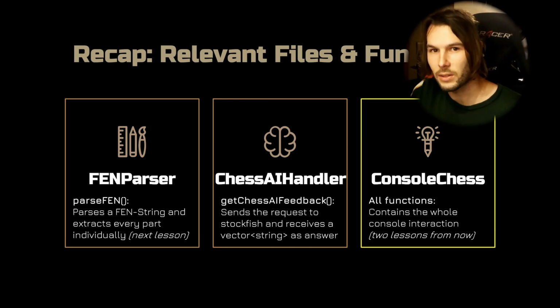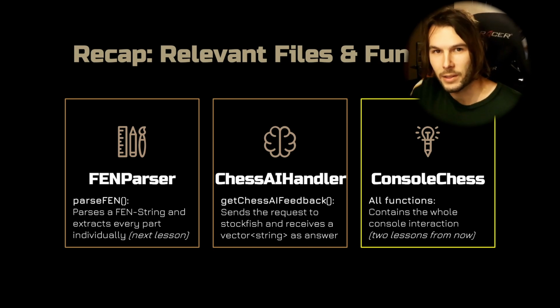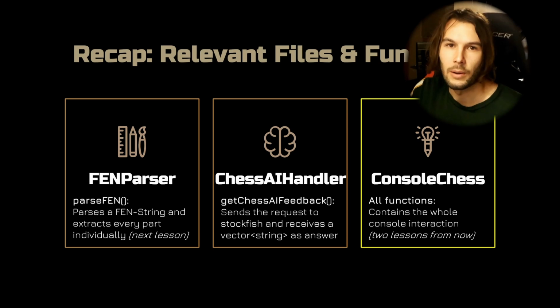We then use this answer to extract our interesting parts, such as the best move, all allowed moves, the board, and the FEN string, so the updated FEN string it gives us back. We can use that to change our board state and also to determine which moves are possible and what would be the best move from the current position.